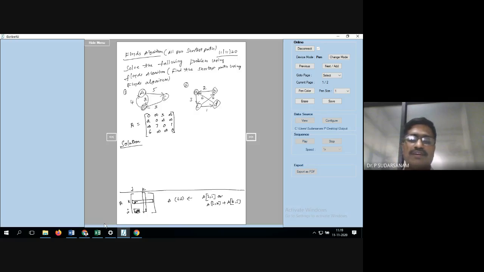Are you getting how I wrote? So this value I have to calculate, that is nothing but i comma j. For that, you take A of i comma j, or this location i comma k plus this location k comma j. So for this, which is the minimum?